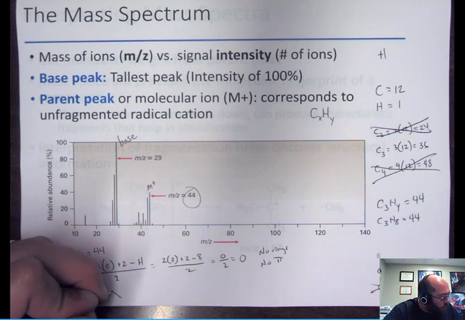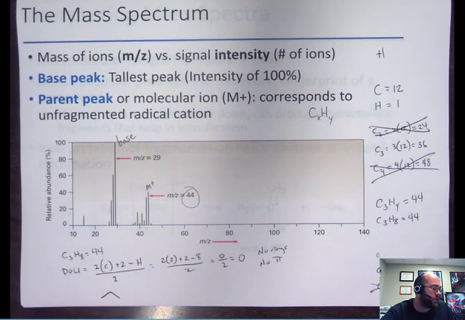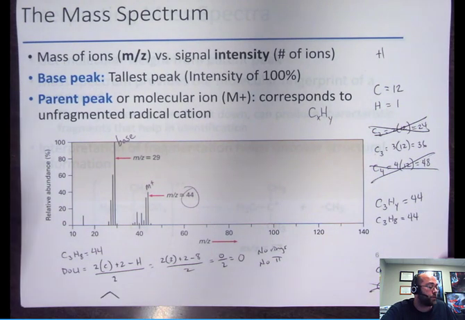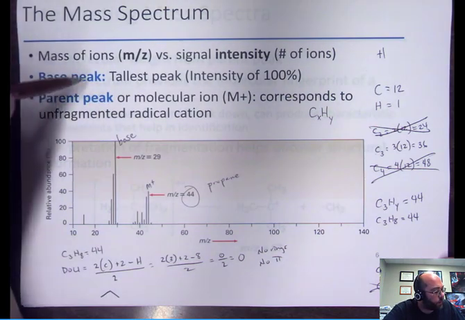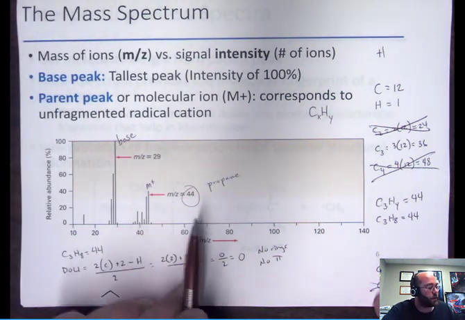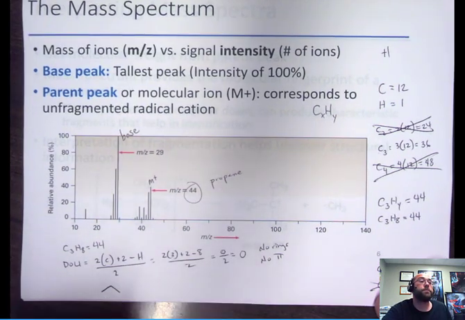And really there's no other constitutional isomer for this. So this was actually for propane. I'm going to feel really dumb if it says it in here somewhere. Yeah, okay, this is actually the mass spectrum for propane.